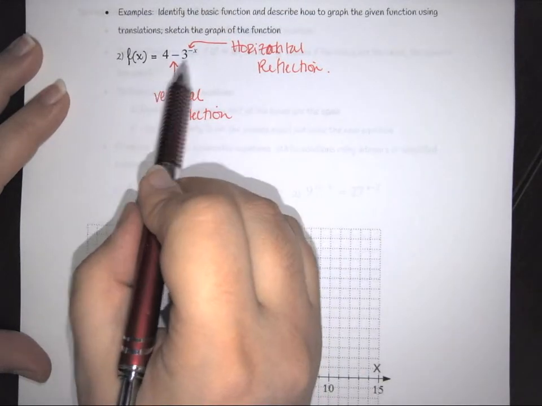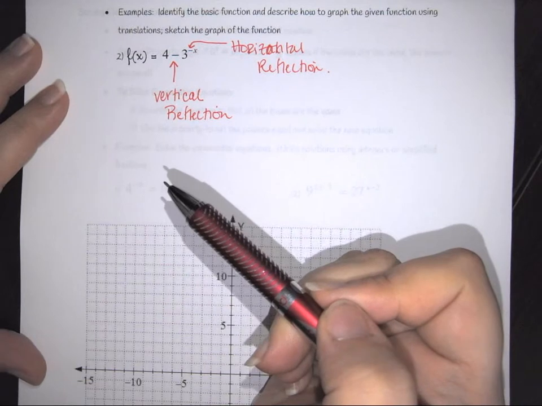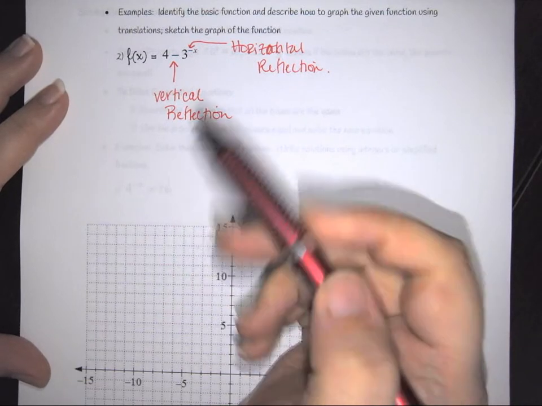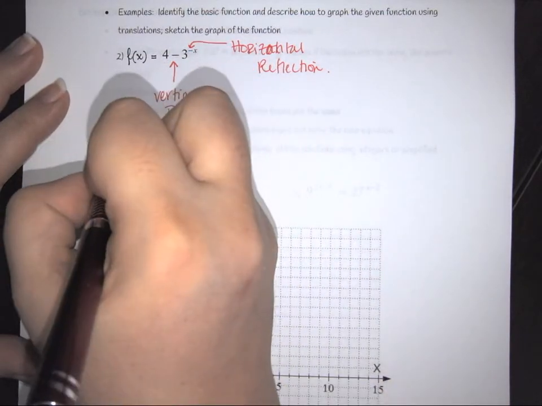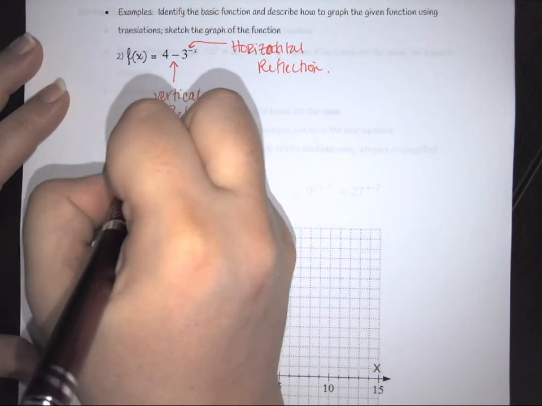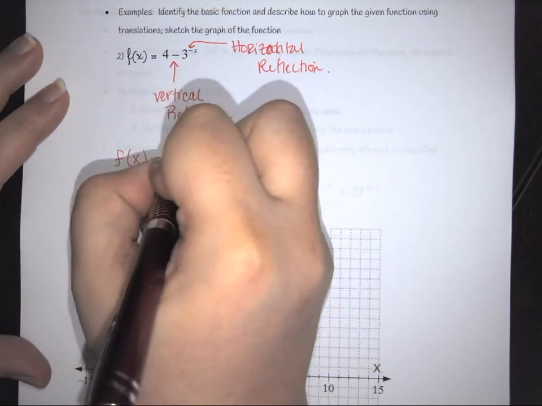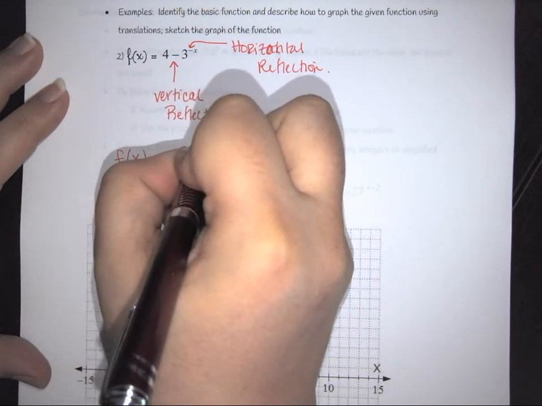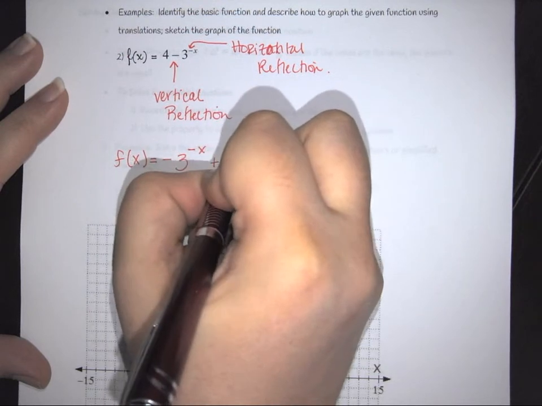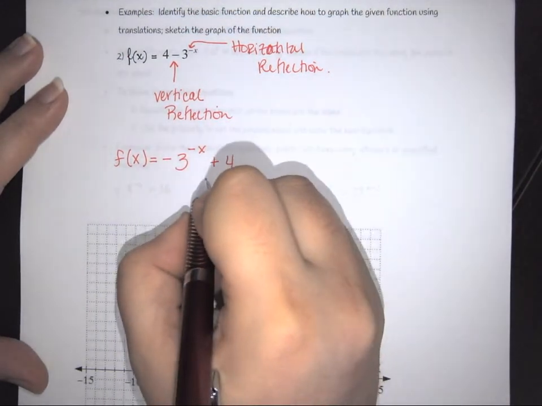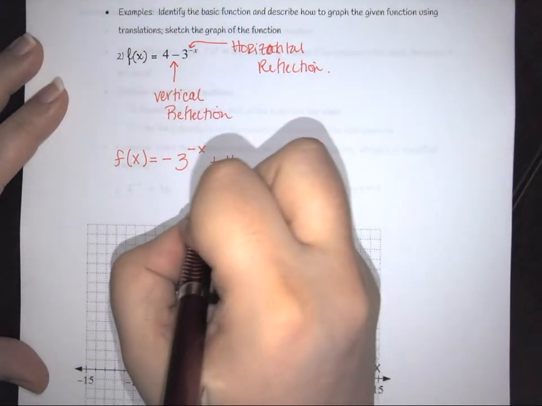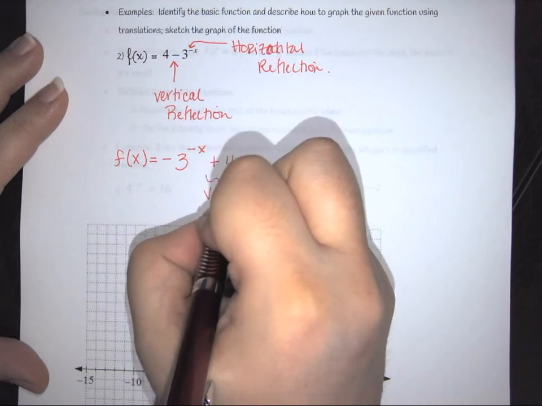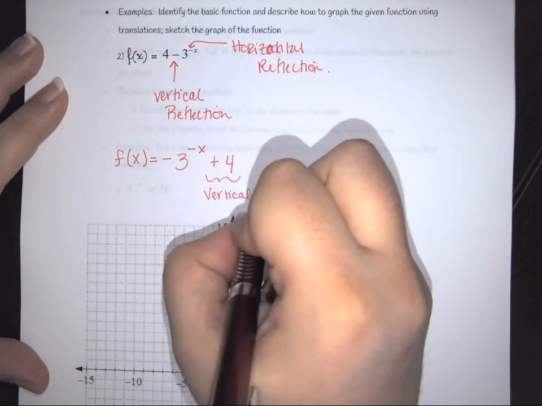So I would rewrite my formula so that I have my shift placed where it's supposed to be. So this is going to be f of x is negative 3 to the negative x plus 4. So this right here is going to be a vertical shift.